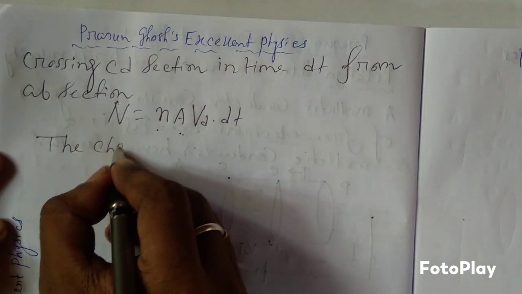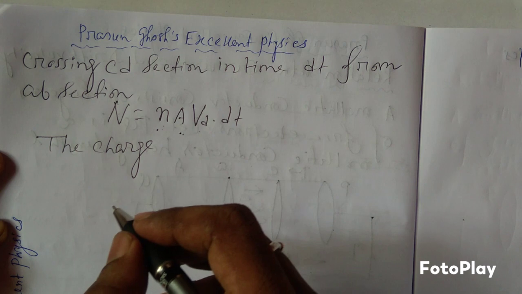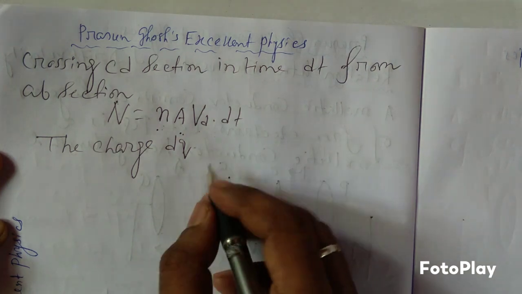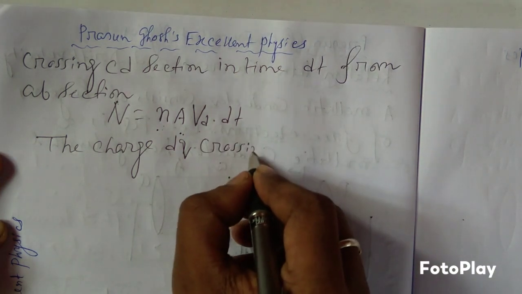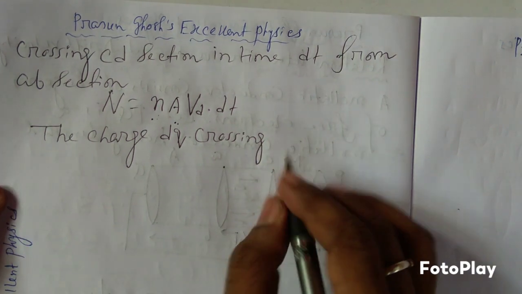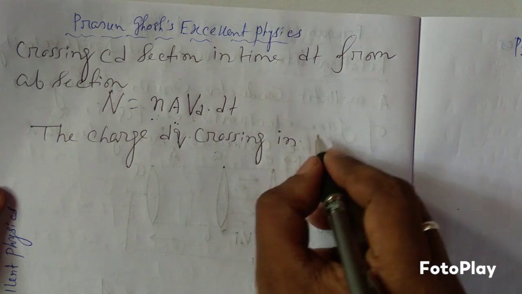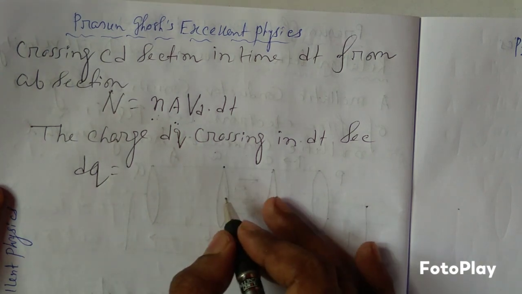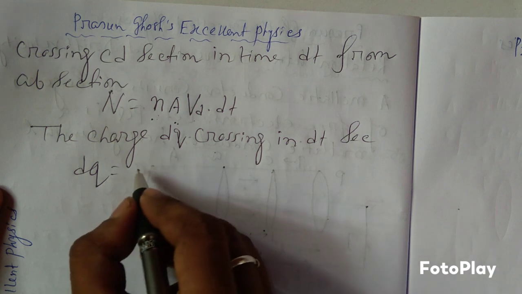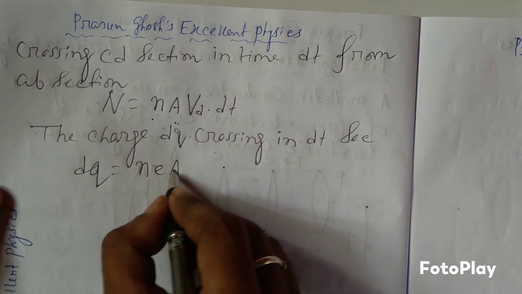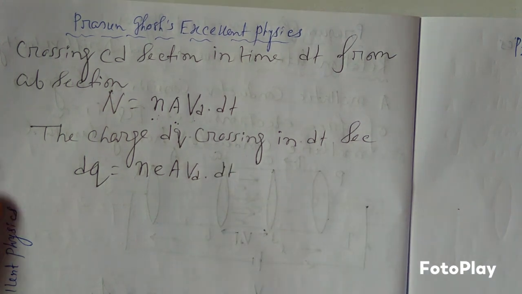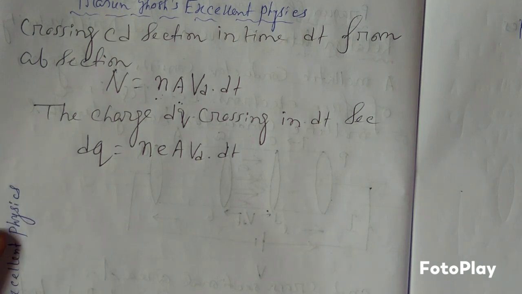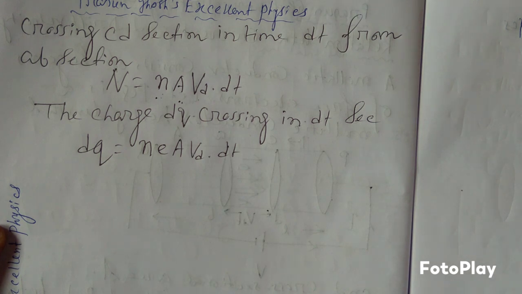So the charge dq crossing in dt seconds: we multiply by e, since one electron has charge e, so net charge dq equals n e A Vd dt.